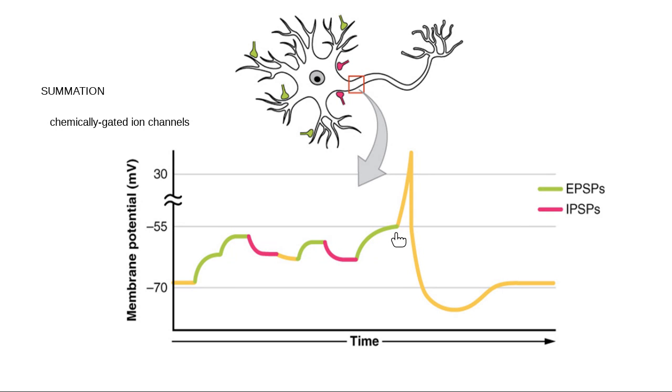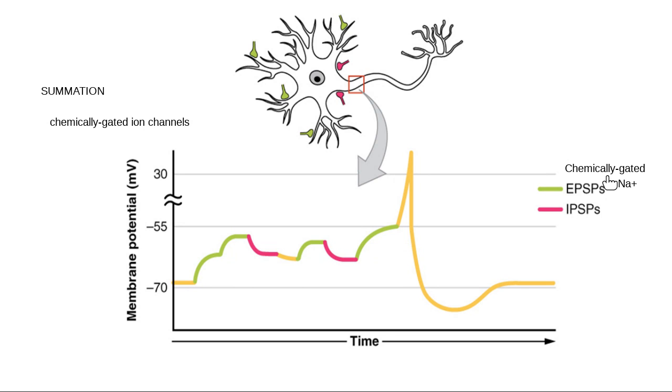So if I were to ask you an exam question about which kind of ion channels could help me to generate EPSPs, excitatory postsynaptic potentials, make sure that you tell me that excitatory postsynaptic potentials are from chemically gated sodium channels.